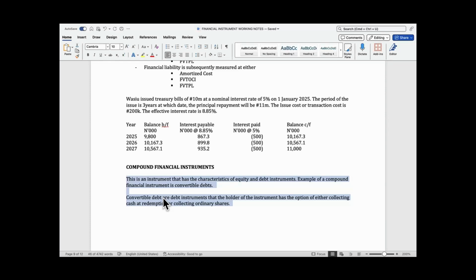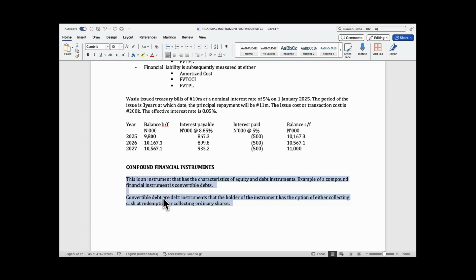So the challenge for us is this. The examiner is going to ask you this question from the standpoint of the issuer, not the investor. So this issuer, how do we account for this debt instrument in his books?